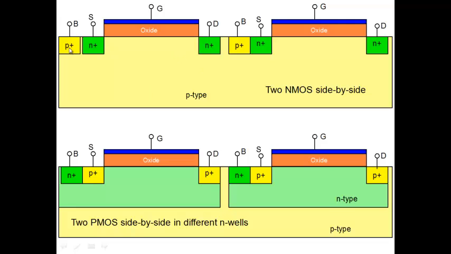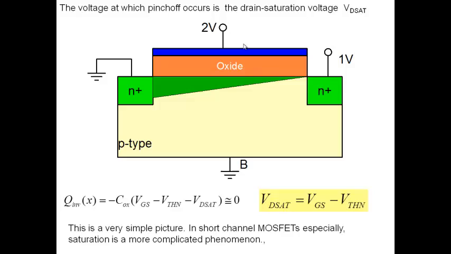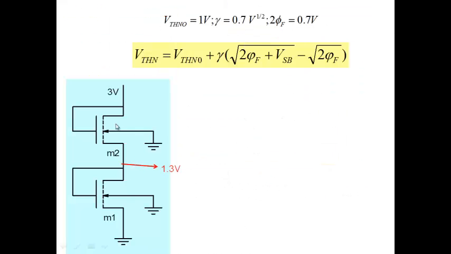All the bodies share the same terminal, and that terminal has to be kept at the most negative point in the circuit. So in my N-channel MOSFET, I have to keep all the bodies at ground.